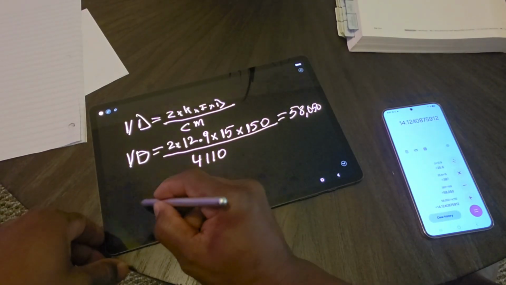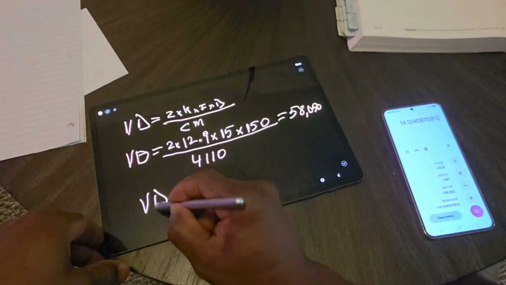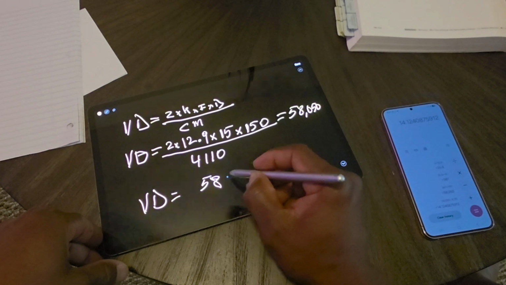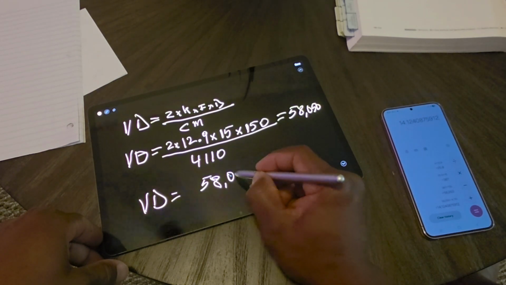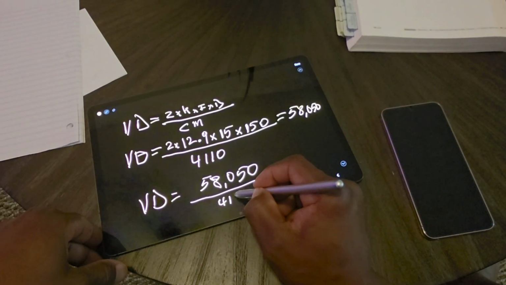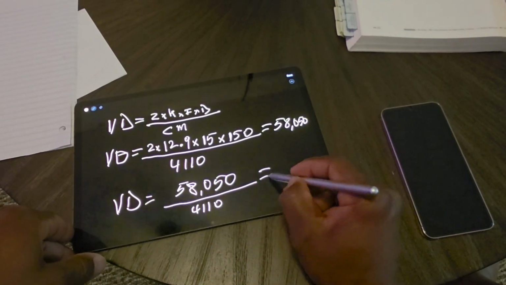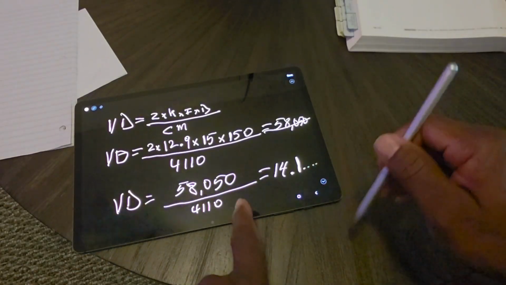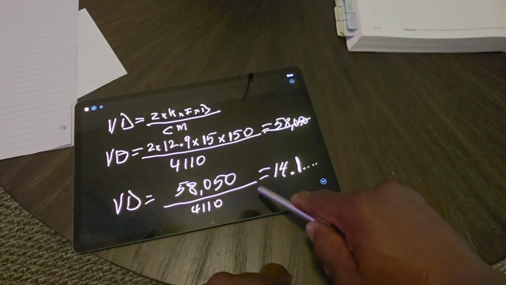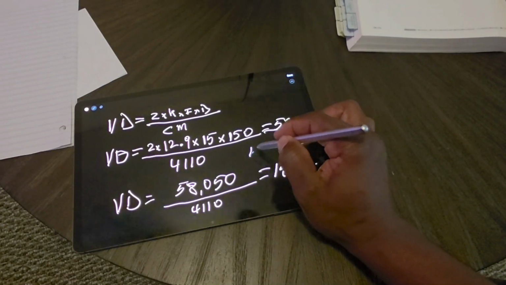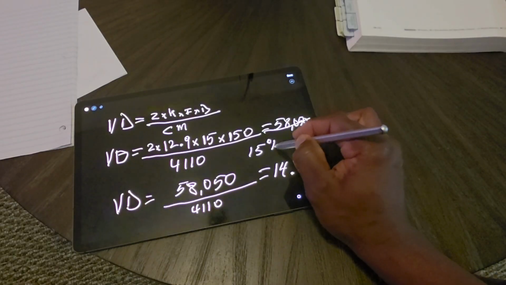All right, we can add a new number now, which is 58,050 over 4110, and it's gonna give you 14 point something. After you make all your calculation, this circuit right here would have a 15% drop. I'll round it up, okay? Would have a 15% drop.